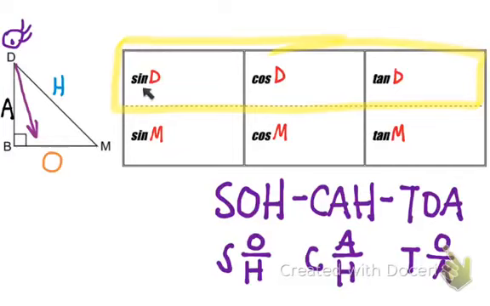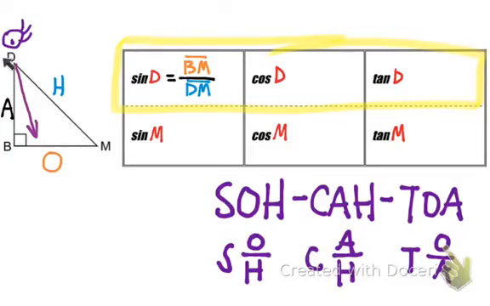So if I'm trying to find the sine of D using SOH CAH TOA, sine of D is equal to the opposite over hypotenuse. So the sine of D is the opposite side, BM, over the hypotenuse side, DM. For cosine of D, still looking from angle D, the ratio is adjacent over hypotenuse.